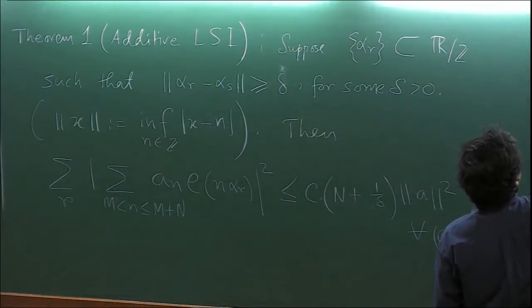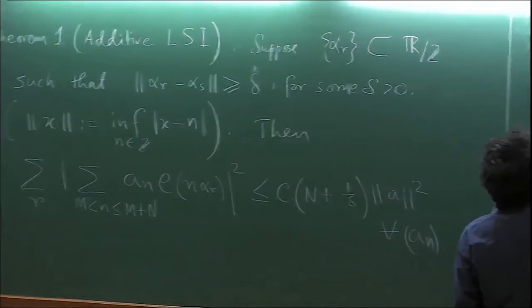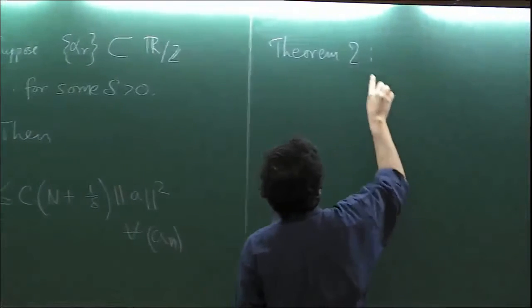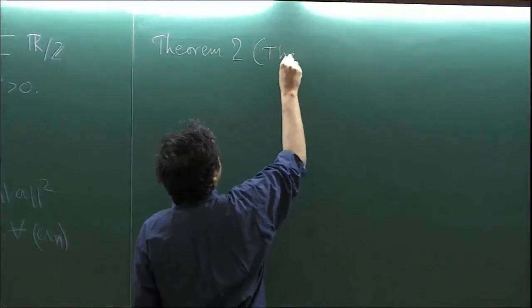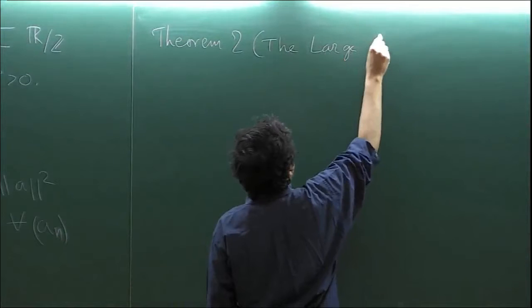And theorem 2 is called the arithmetic large sieve inequality.